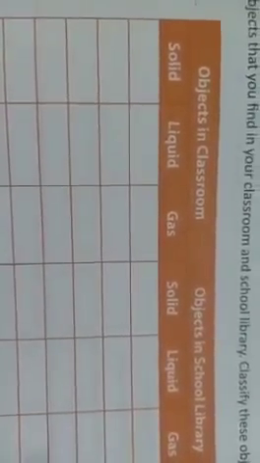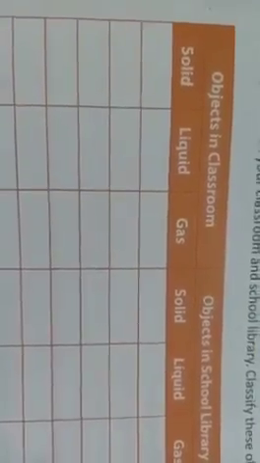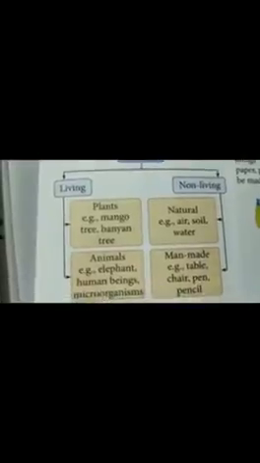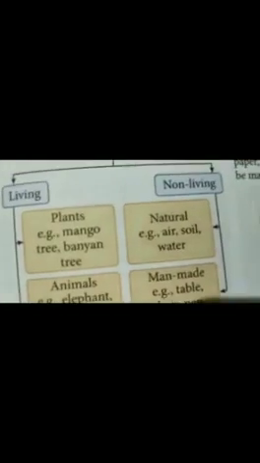So easily you can identify the different objects like a book. So this book has what? Yeah, a rigid shape. So you can write it in the category of solids.